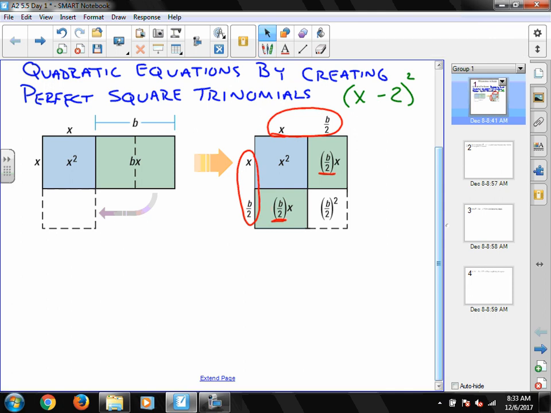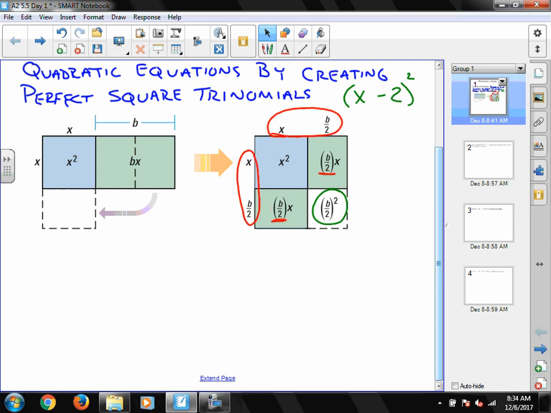Well, the key to this is our c value, that is just going to be some number, is going to be b over 2 squared. Because if you go to our box method, b over 2 times b over 2 is going to give us b over 2 squared. So there's the key right there to solving that perfect square trinomial: you need to figure out what b is, divide it by 2, and then square it.